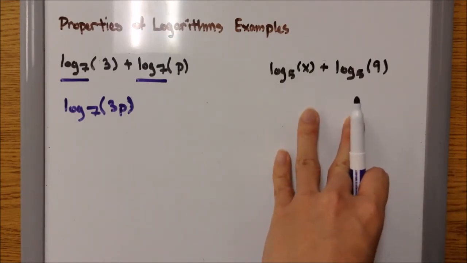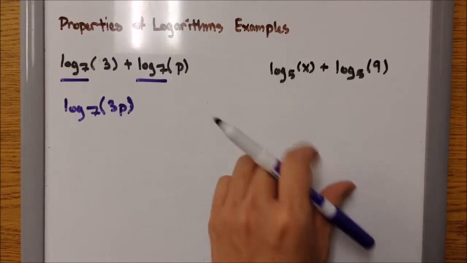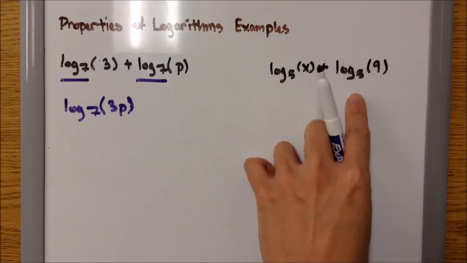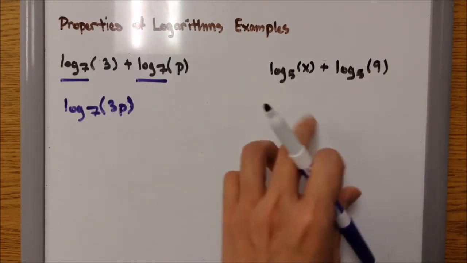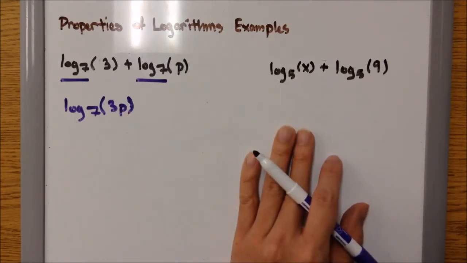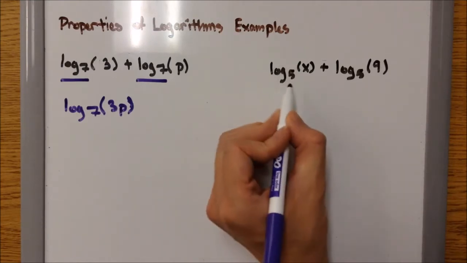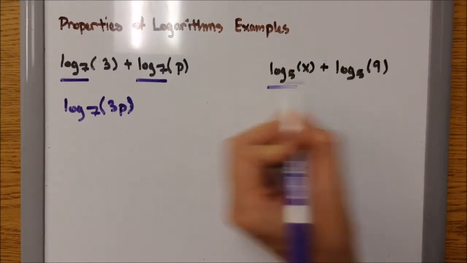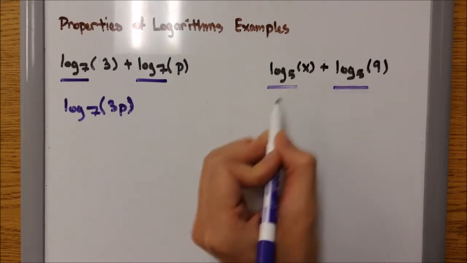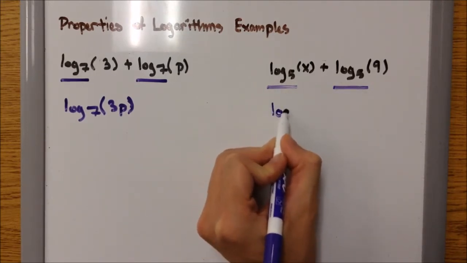Now over here, example 4, we have log base 5 of x plus log base 5 of 9. That's pretty much the same as example 3, so it has a plus, so we're going to use the product property. We're going to combine these two logs as one. So they're both log base 5, so I'm going to write log base 5.